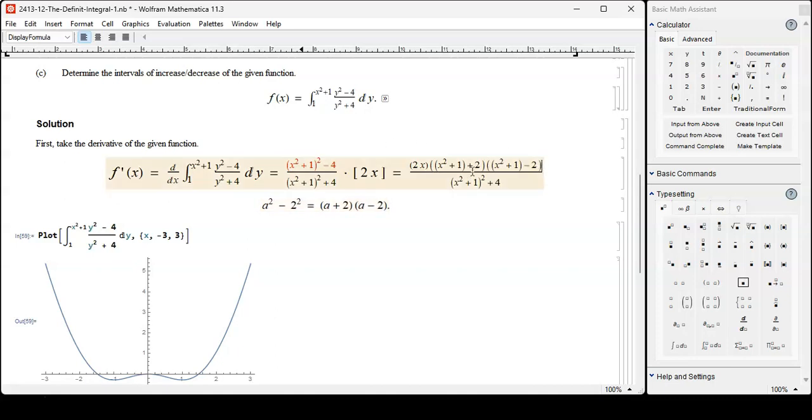That's what I did here. Does it make sense? Square minus square, so x squared plus 1 minus 2, x squared plus 1 plus 2, and then this 2x, which I just highlighted in blue, stays here.